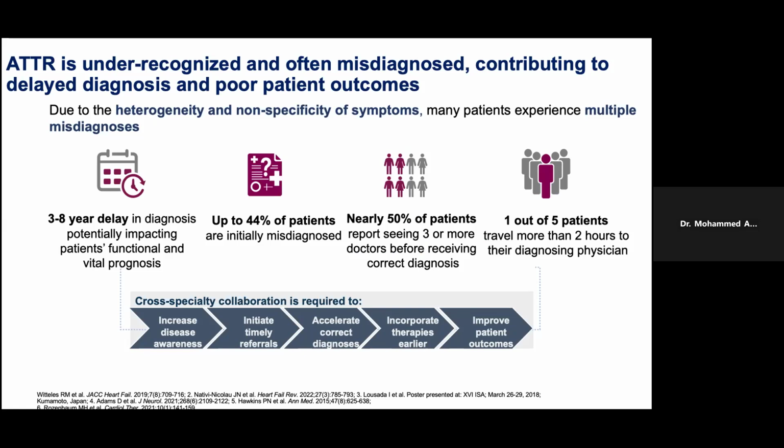Studies also showed up to 44% of patients are initially misdiagnosed, and nearly half of them consult 3 or more physicians before receiving the correct diagnosis. Finally, limited access to ATTR cardiomyopathy specialists or centers remains another barrier, with 1 in 5 patients traveling more than 2 hours for expert evaluation, emphasizing the need for greater disease awareness and earlier referral.